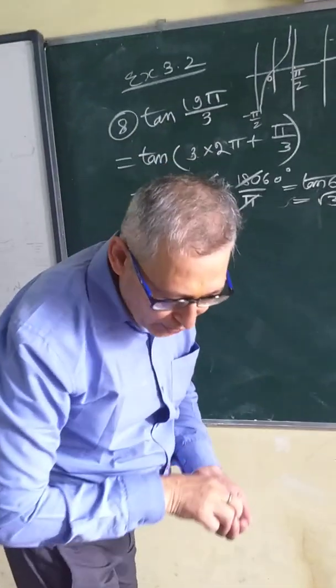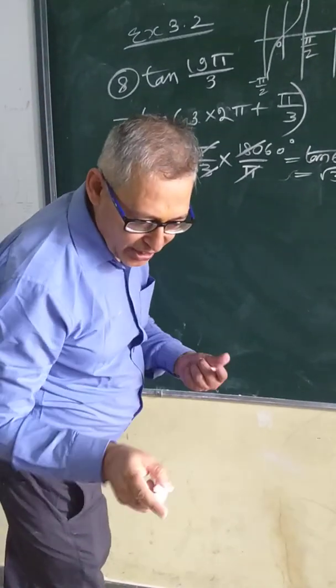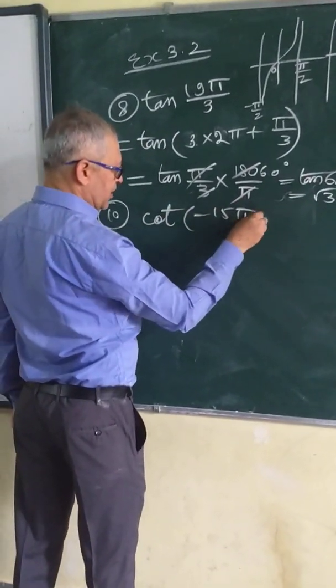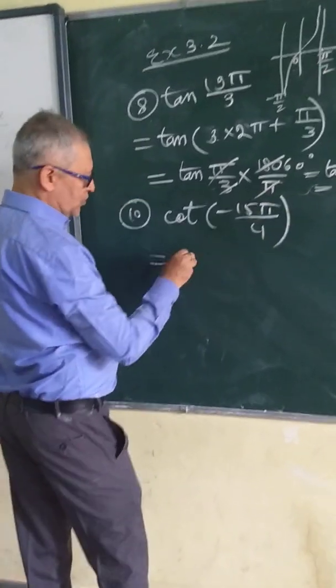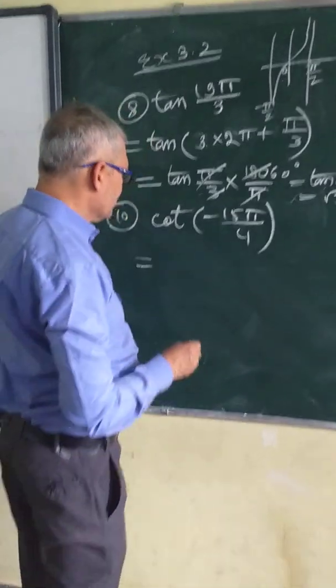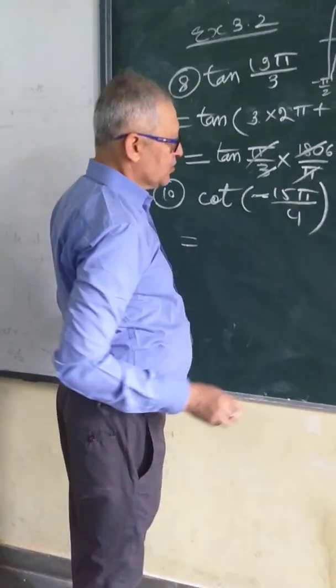Now one more question is left, question number 10, which is negative: cot of minus 15 pi by 4. We will see how many cycles it has completed. First, this angle is negative.